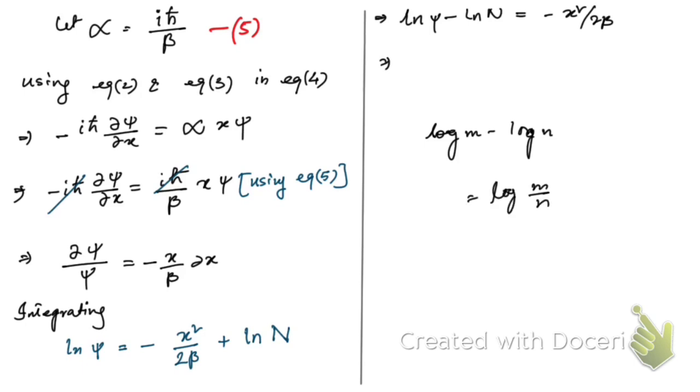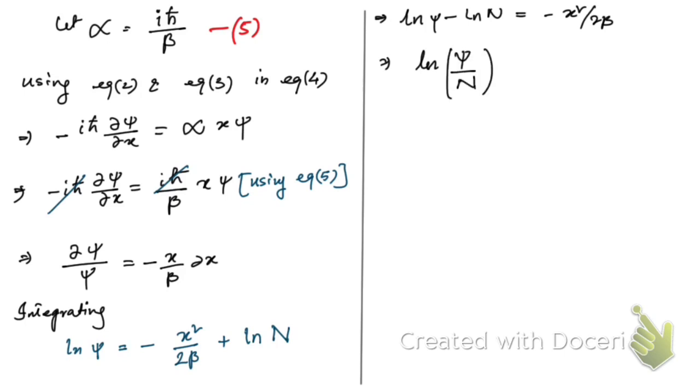When we say natural log, the base is e, and in that case we write ln. Hope you know these things. So now ln of psi by capital N is equal to minus x square by 2 beta. That's what we have got.